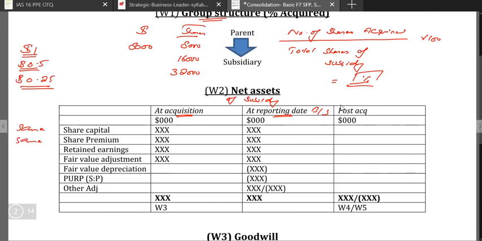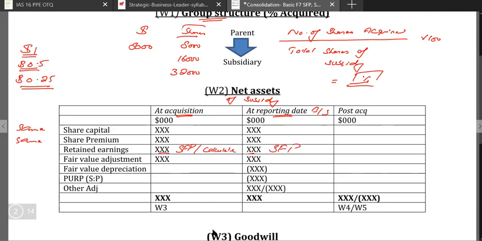And then you have retained earnings, which will be different at acquisition and different at reporting date. You're going to take the retained earnings at acquisition from the statement of financial position, or you may be required to calculate it. Similarly, retained earnings at reporting date will be given to you in the statement of financial position.